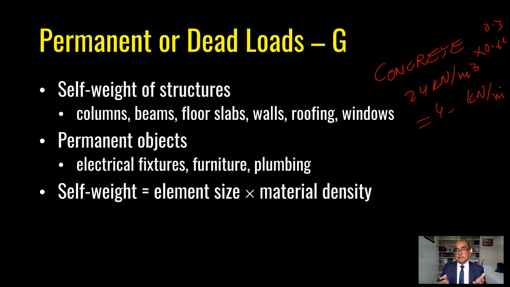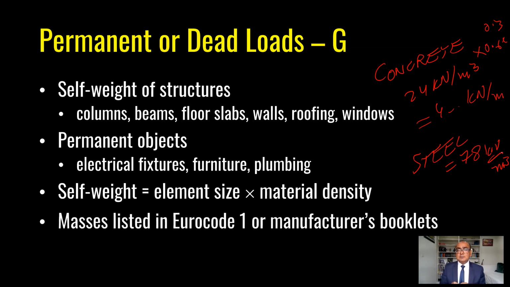If I'm working with steel, then its density will be 78 kilonewton per meter cube. If I'm working with timber, its density could be 4 kilonewton per meter cube. If I'm working with rubber, its density is going to be very low, like 0.5 kilonewton per meter cube. It really depends on the density. So the denser the material is, the more self-weight it will have.